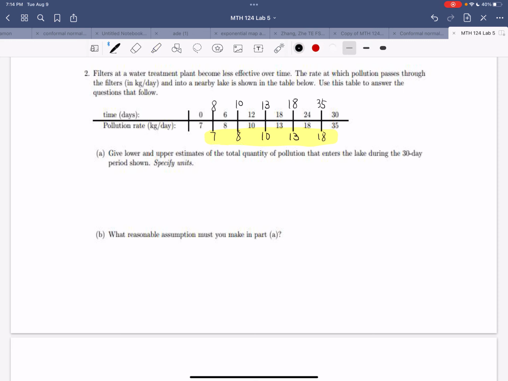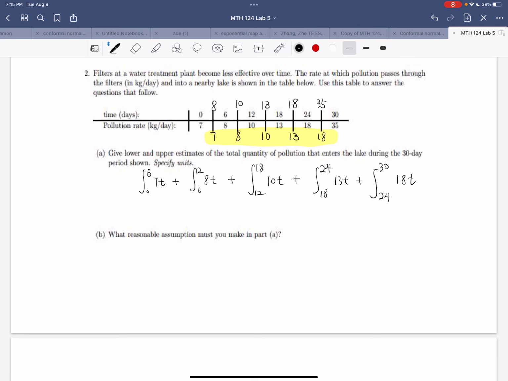So this tells us the total quantity of pollution should be the integral from 0 to 6 of 7t, plus from 6 to 12, 8t, plus from 12 to 18, excuse me, the third one should be from 12 to 18, 10t, plus 18 to 24, 13t, plus 24 to 30, 18t.